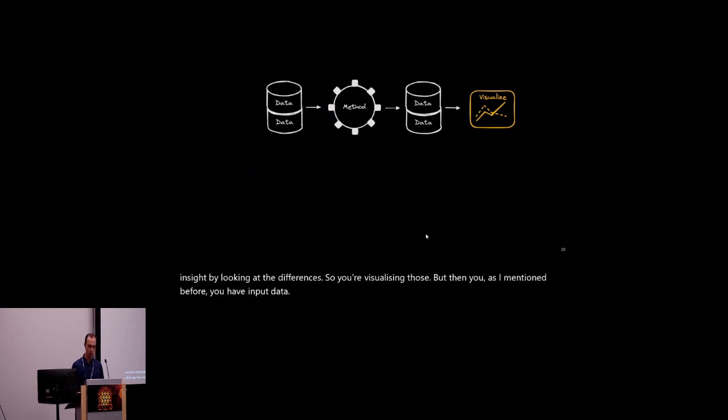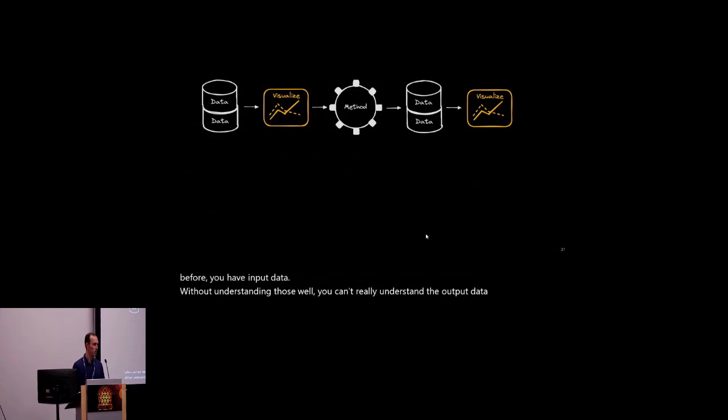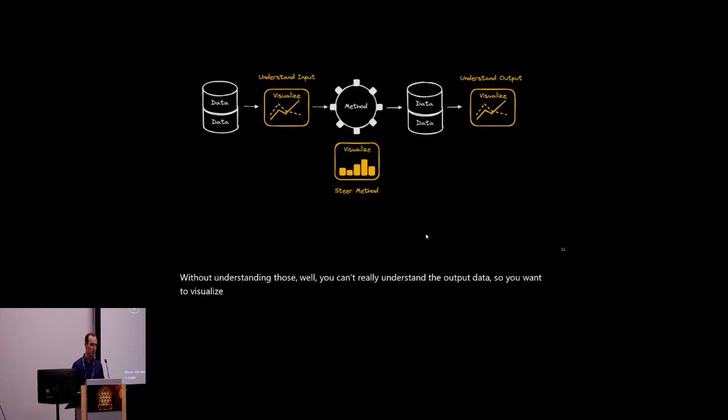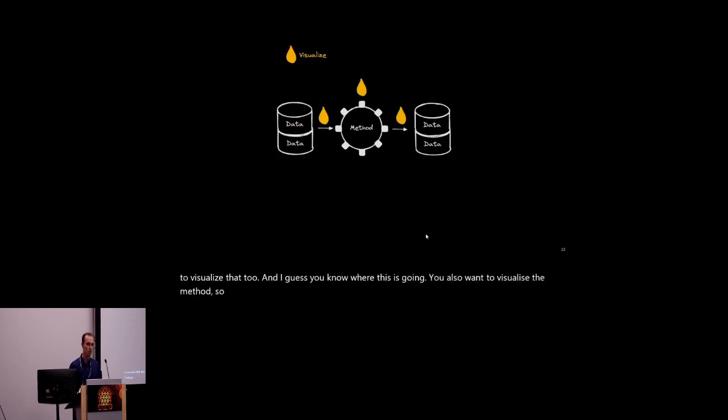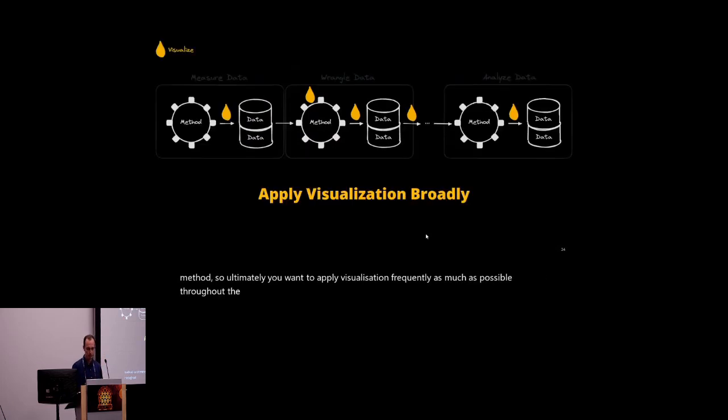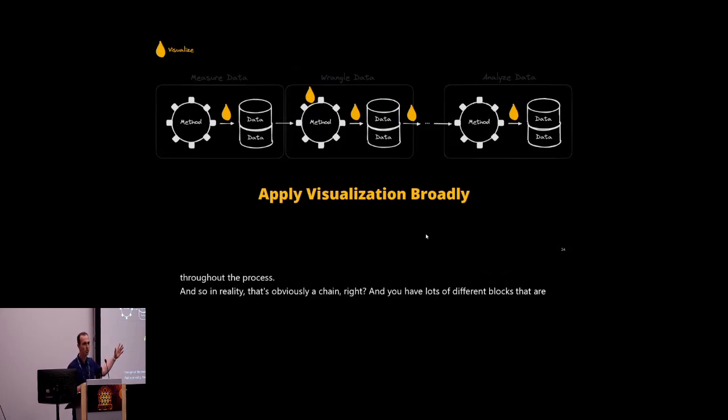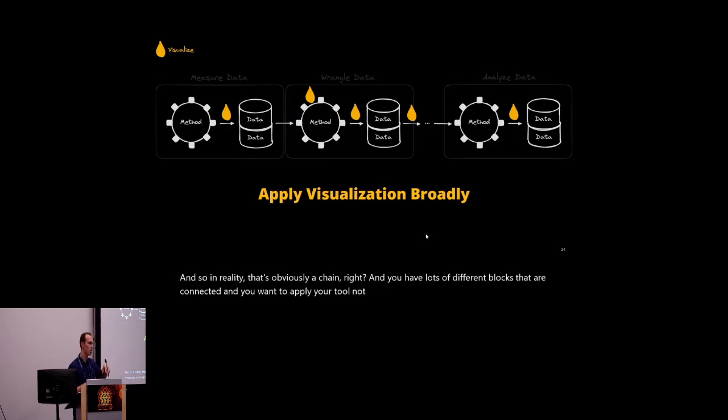Without understanding those, you can't really understand the output data. So you want to visualize that too. And I guess you know where this is going. You also want to visualize the method. So ultimately, you want to apply visualization as frequently as possible throughout the process. And in reality, that's obviously a chain, right? You have lots of different blocks that are connected, and you want to apply your tool not just in one location, but throughout that whole analysis.